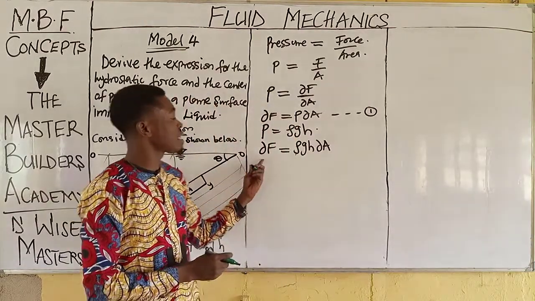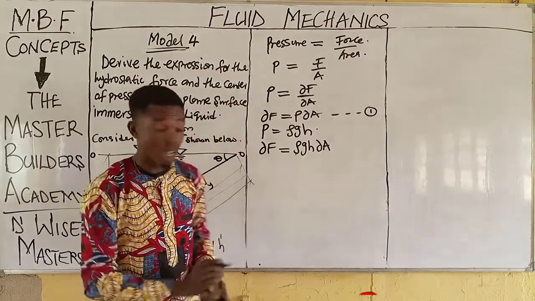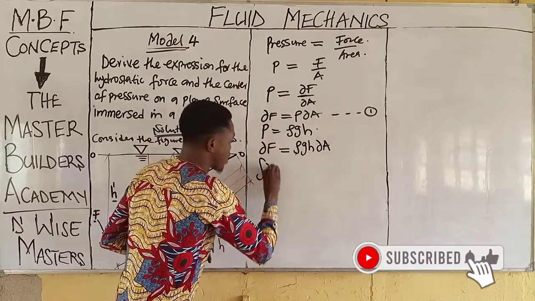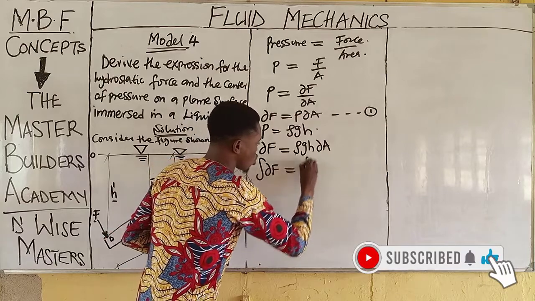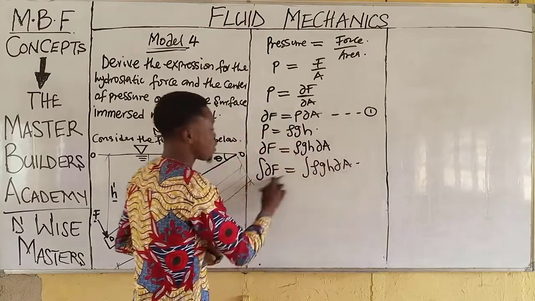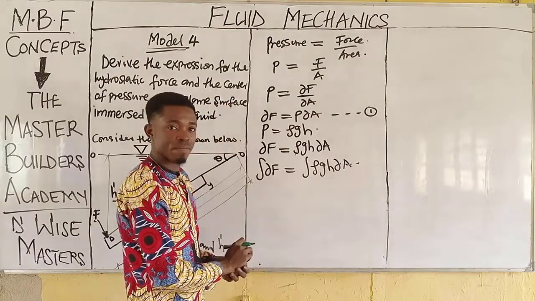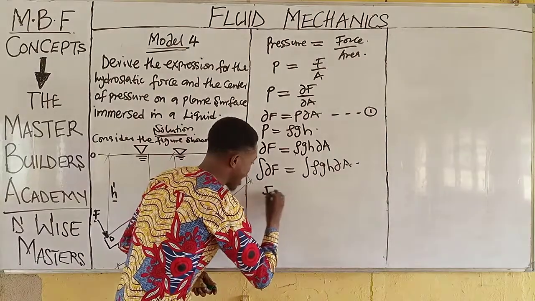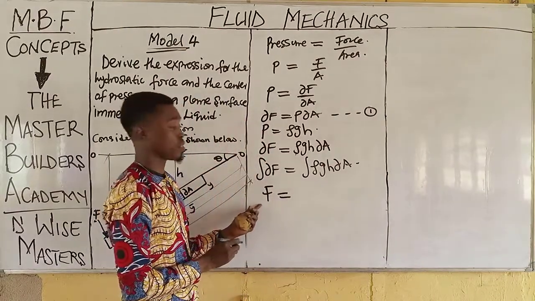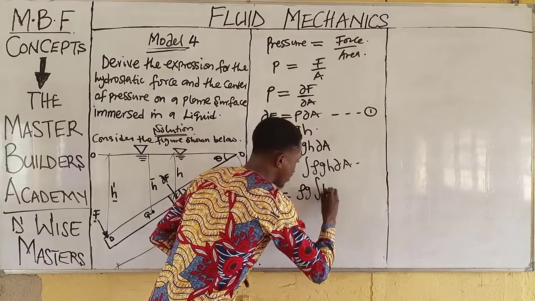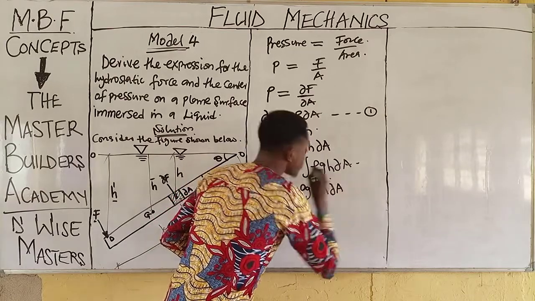Now, for us to obtain this force, we need to integrate. Introducing the integral, we have the integral of dF equal to the integral of rho g h dA. When we integrate dF, we have F, the hydrostatic force, which is equal to rho g times the integral of h dA.